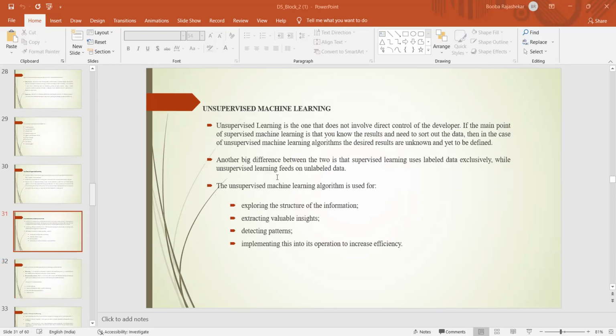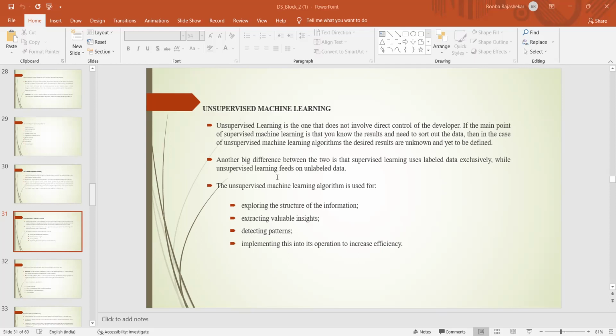Unsupervised machine learning algorithm. Unsupervised learning does not involve the direct control of the developer. If the main point of supervised machine learning is that you know the result and need to sort out the data, then in the case of unsupervised machine learning, the results are unknown and yet to be defined.